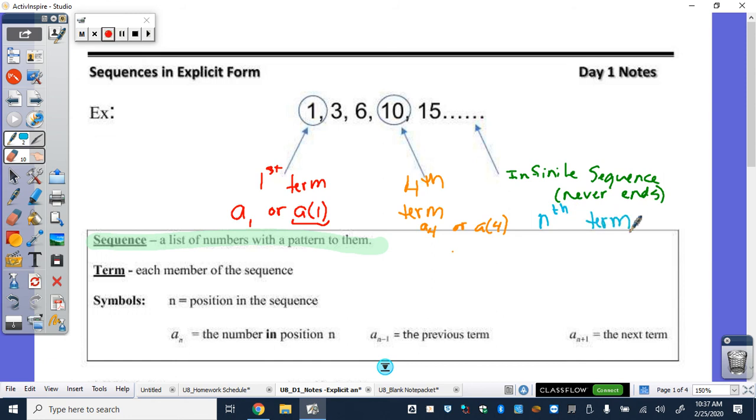The nth term is just referring to some term in the future. We don't know which one we're looking at, but it's a term way beyond. So again, using our 2 notation styles, they would write it as a sub n or a of n. That just means some term in the future.